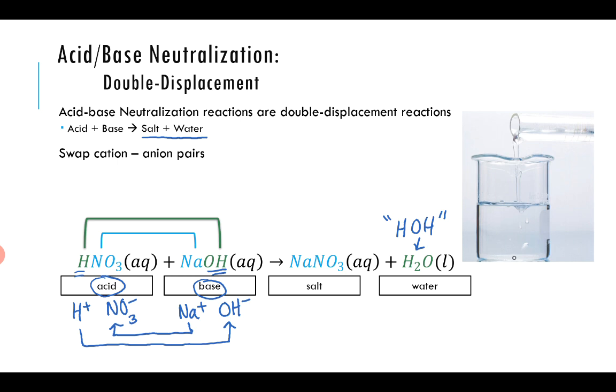Acid-base neutralization reactions, it might look like nothing happened, but heat will be evolved when you mix the two together. So you can draw heat coming off there. Feel the warmth. These are exothermic reactions.